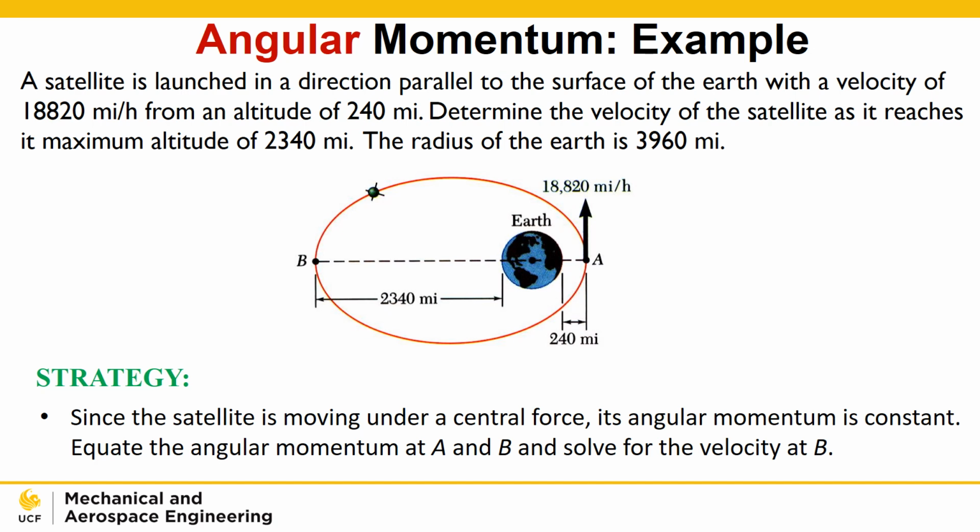Earth has a gravitational pull on the satellite. Therefore, the satellite is moving under a central force and hence its angular momentum is conserved. So our approach would be to calculate the angular momentum of the satellite at points A and B, and then equate these angular momentum values and solve for the unknown velocity at point B.